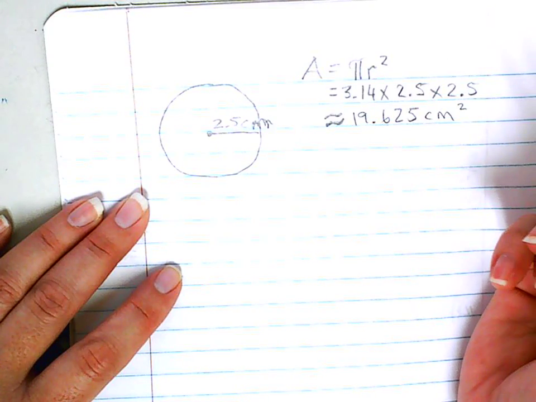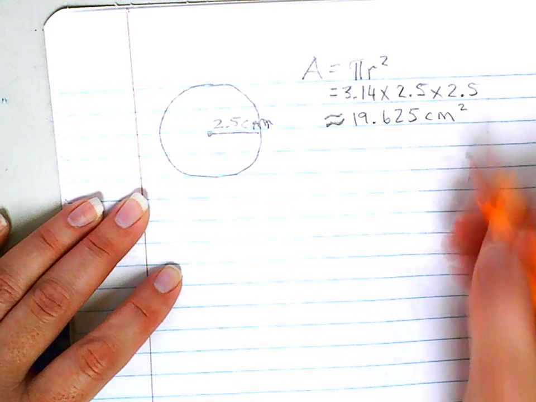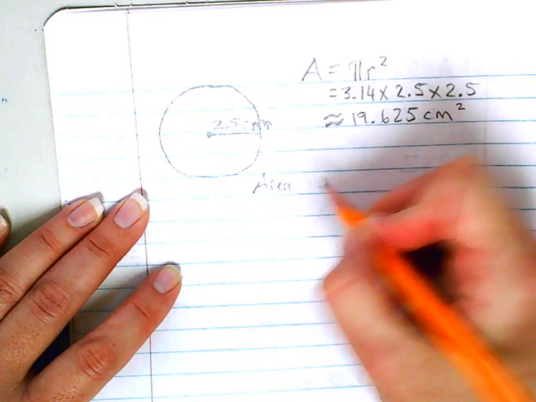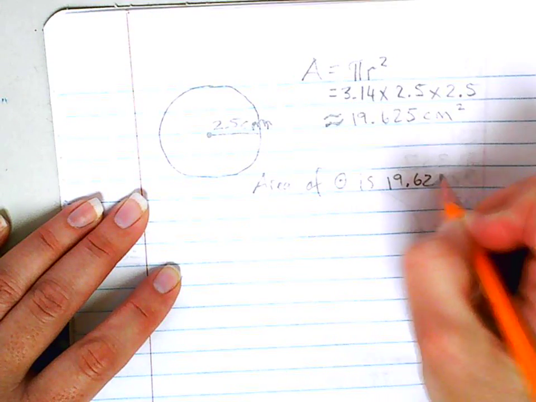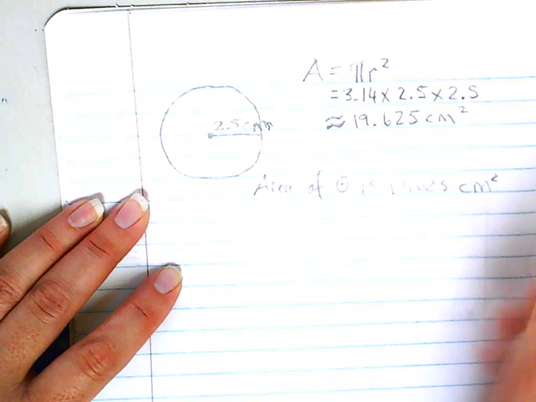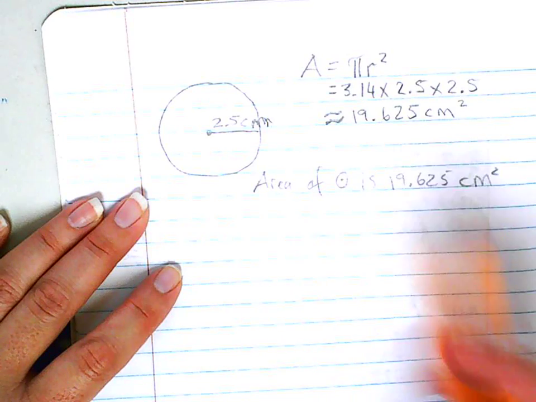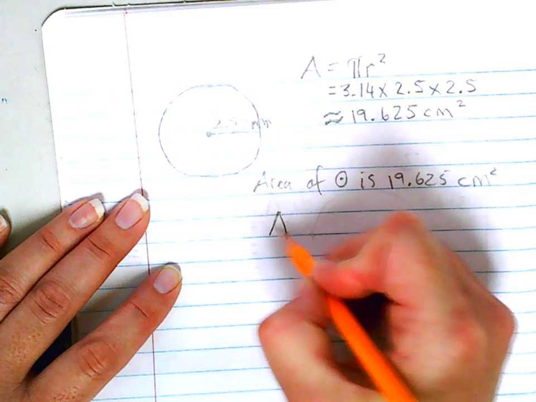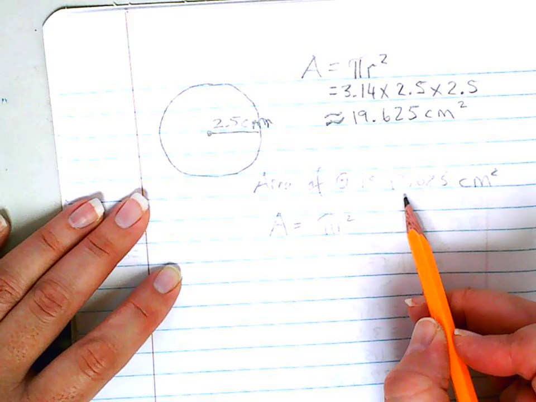However, let's say we take the answer and we knew nothing about this. If someone says the area of a circle is 19.625 square centimeters, how would you express the radius? Okay, no hassle. The area of a circle is represented by this formula, so I write it down. The area of the circle is given to me.